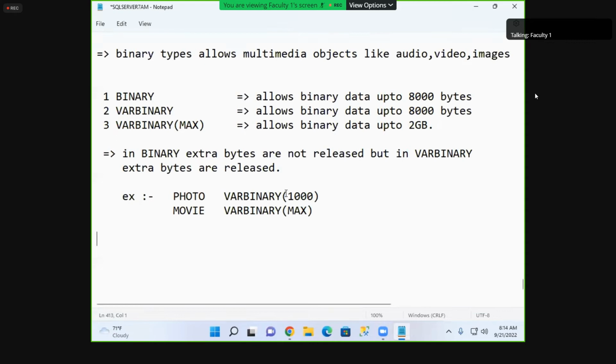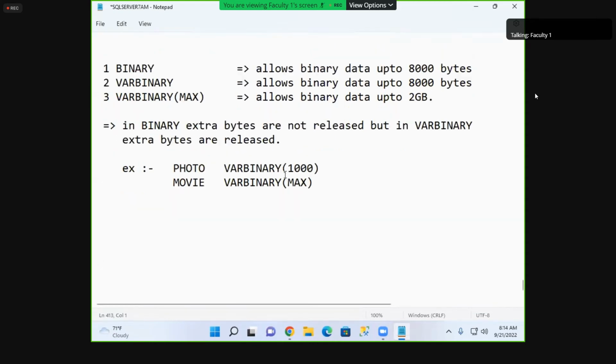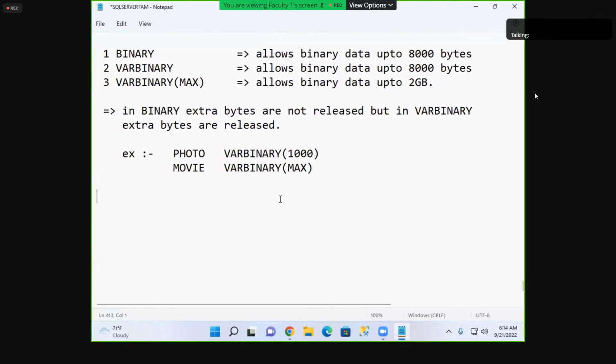What if it is more than 2 GB? Then they write a program.